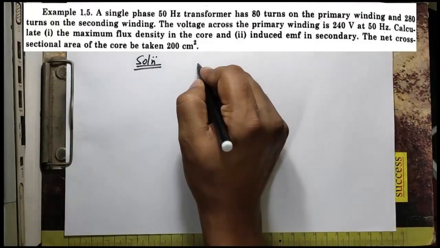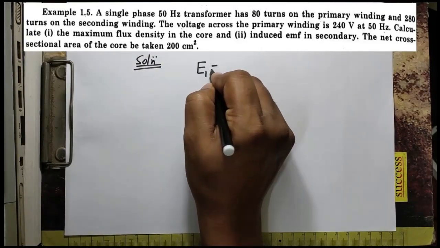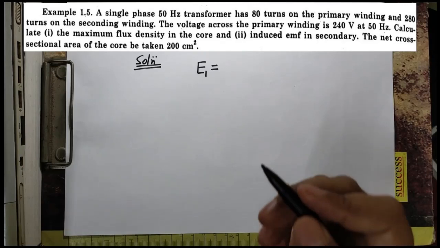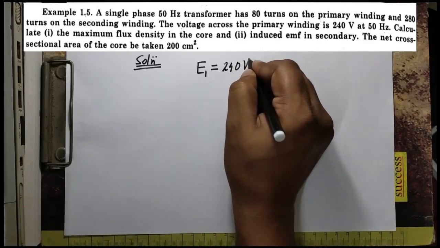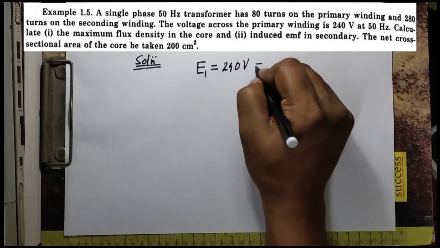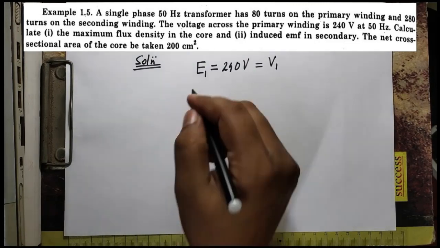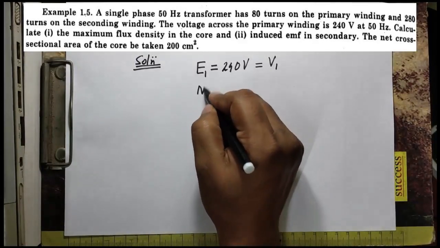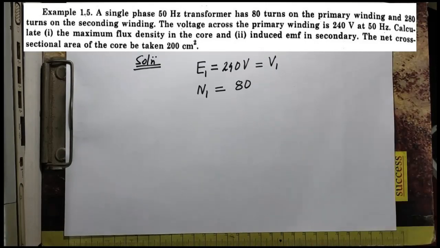Primary induced EMF is given, that means the value of E1 is given. E1 is equal to 240 volt. And this is actually equal to V1 in case of an ideal transformer, as we have already discussed. Now the given parameter is primary turns, N1. It is given 80.